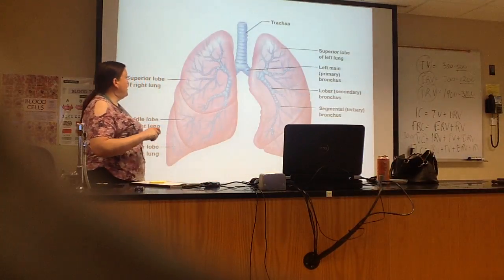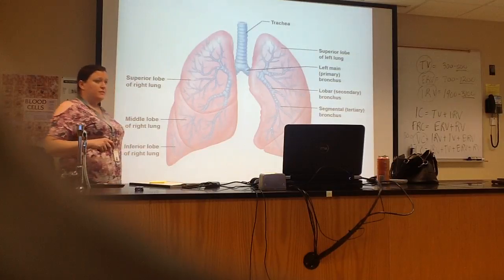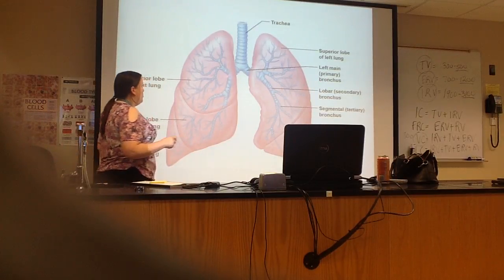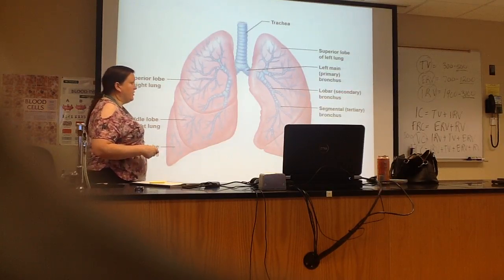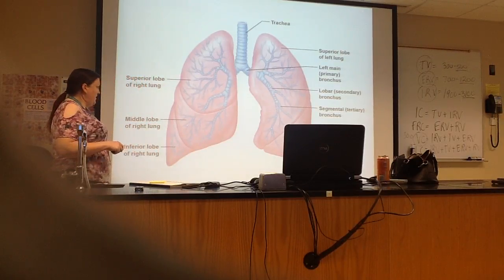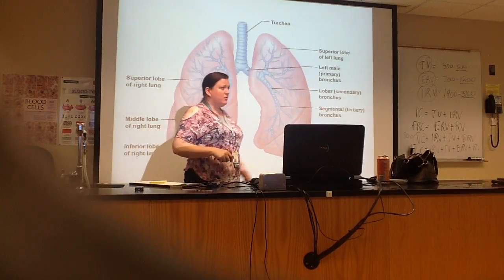So, this tube is the trachea. What are the first branches off the trachea? Primary bronchi. Those branch again into what? Secondary or lobar bronchi, which then branch again into tertiary or segmental bronchi.